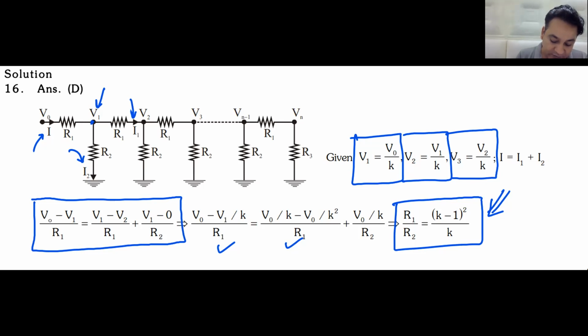So V0 minus V1 becomes your I1, becomes your I. Yes or no? Yes, sir. Similarly, your I1 becomes V1 minus V2 divided by R1. Yes or no? Yes, sir. Similarly, your I2, this is grounded. It becomes V1 minus 0 divided by R2. And I is equal to I1 plus I2, and you get your answers.